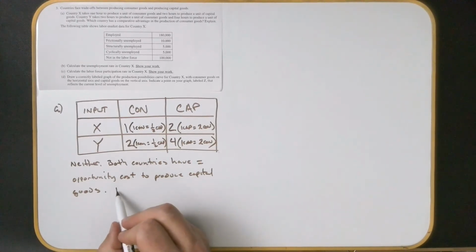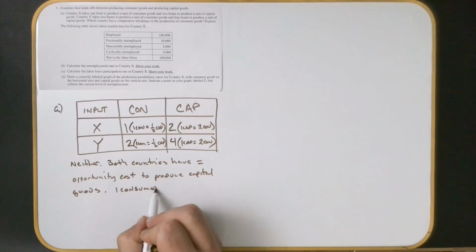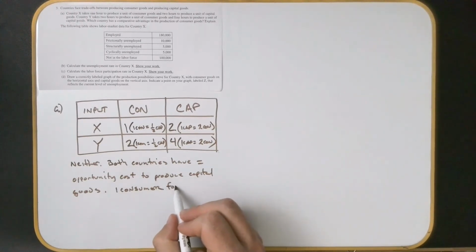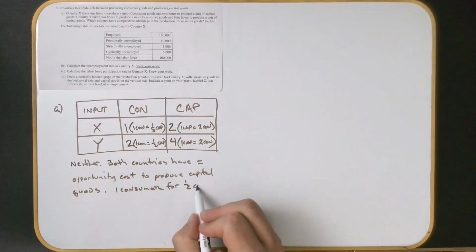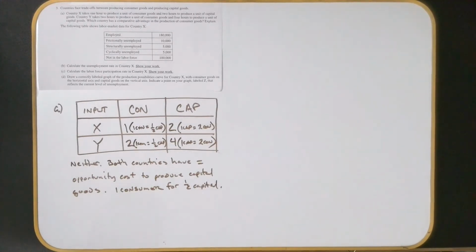And you could just write 1 consumer good or half a capital. Okay, that'd be fine. Let's move on to letter B.